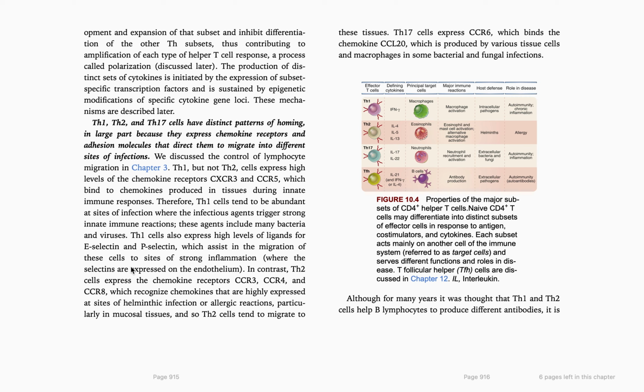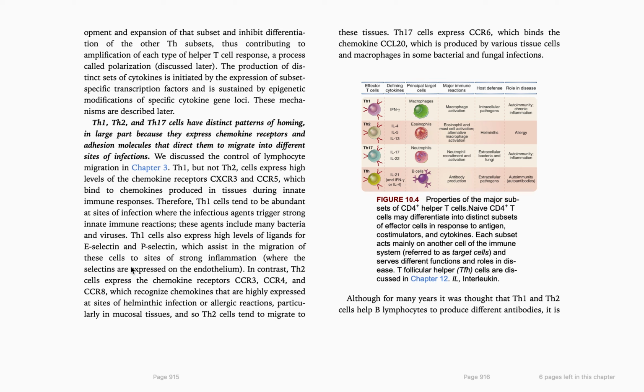Therefore, T helper 1 cells tend to be abundant at sites of infection where the infectious agent triggers strong innate immune reactions. These include many bacteria and viruses. T helper 1 cells also express high levels of ligands for E-selectin and P-selectin, which assist in the migration of these cells to sites of strong inflammation, where the selectins are expressed on the endothelium.